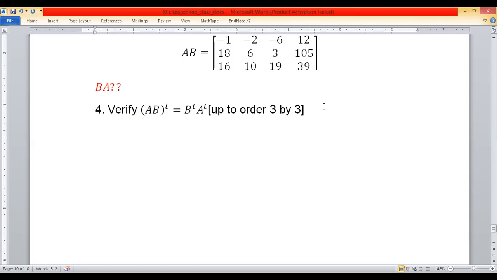So let's try if I have a matrix of 2 by 3, and to multiply A with B, you can see we have 3 columns, so B must have 3 rows.